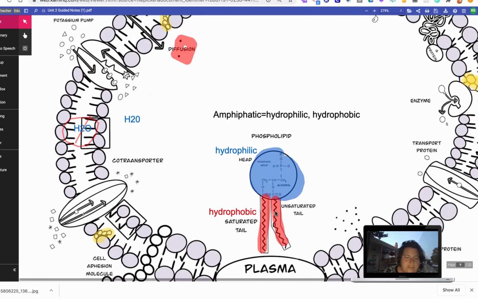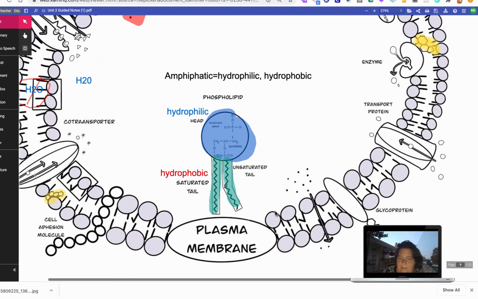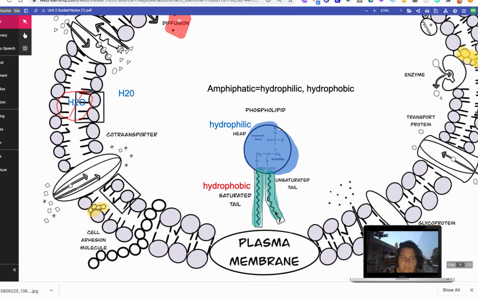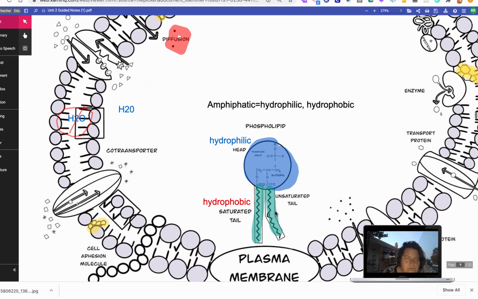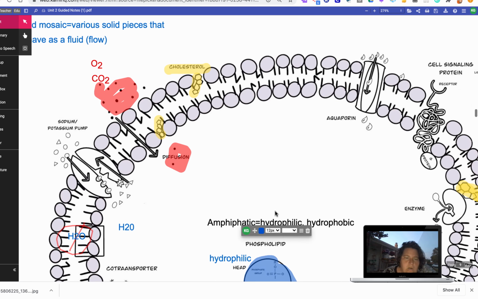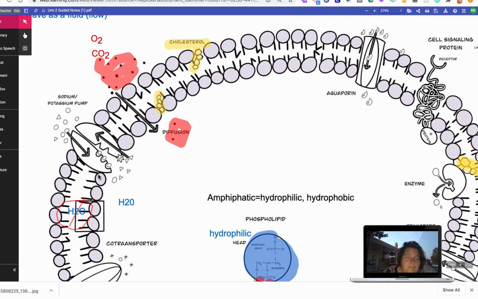And you see some various other things here that I'm going to talk about in more detail. This one's the sodium potassium pump.